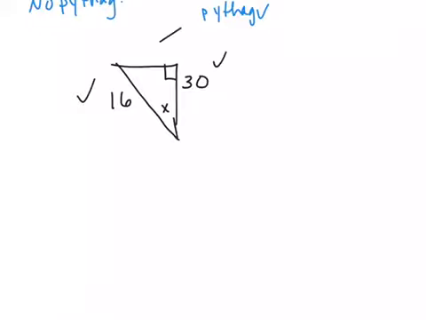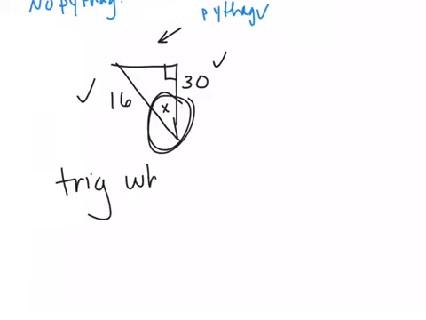We already have two sides, but are we looking for the third side? No, we're looking for the angle. So if we're looking for the angle and we have two sides, we're going to have to use trig. So use trig when you're looking for the angle. That's black and white. Anytime you're looking for the angle in a right triangle and you have two sides and only the 90 degrees, then that's what you have to do.